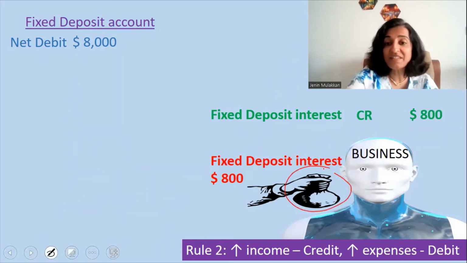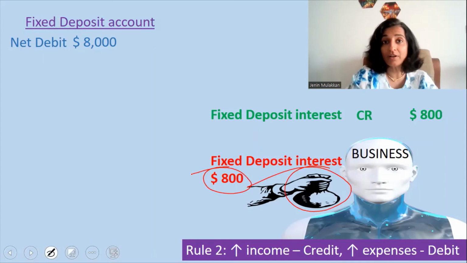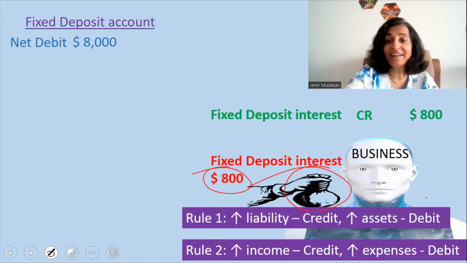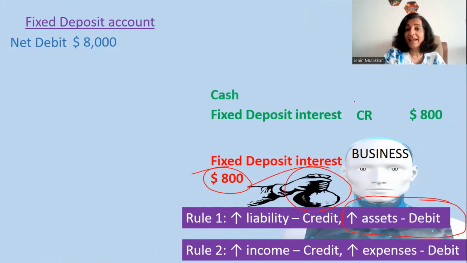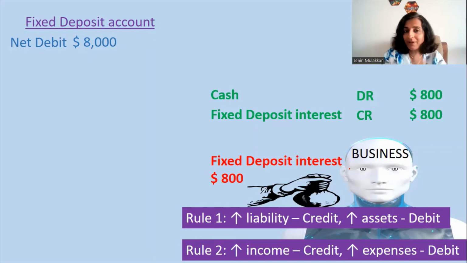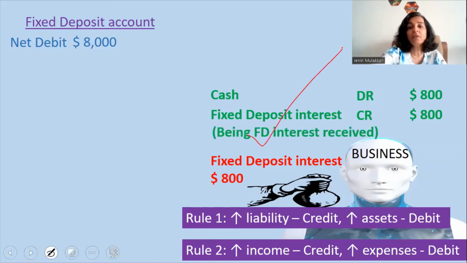Now the business is receiving cash worth $800 and cash we know is an asset. So as per rule number 1, any increase in asset has to be debited. So definitely cash account is debited with $800. So that is the entry that the business will pass in its books for receipt of fixed deposit interest. And for every journal entry, we have to write a narration. So being FD interest received.